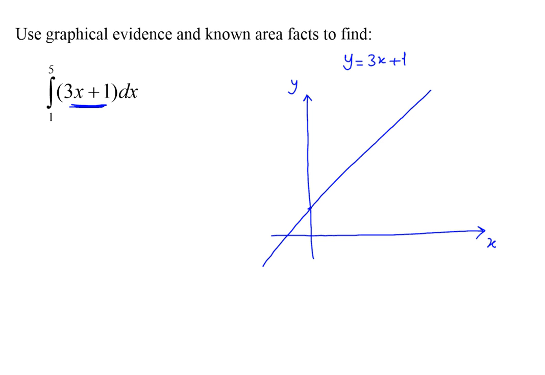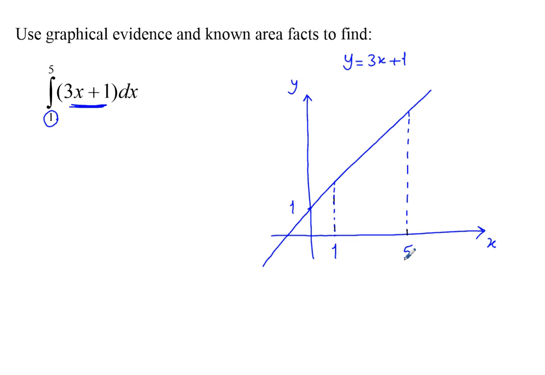It has a y-intercept here at 1. The question is asking for the definite integral from 1 to 5. So 1 here is our lower boundary, and 5 here is our upper boundary.